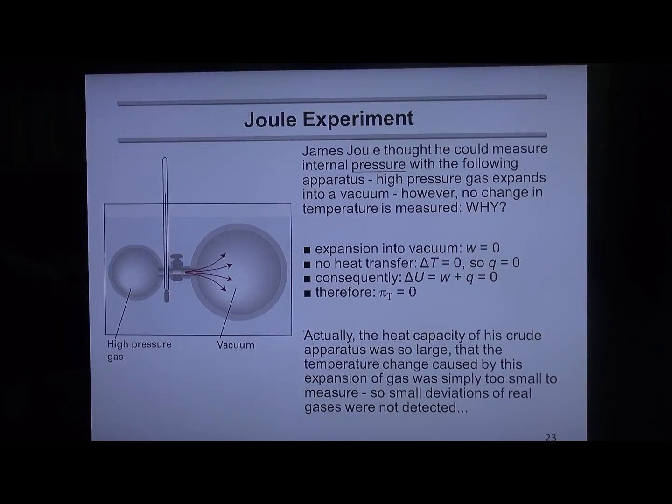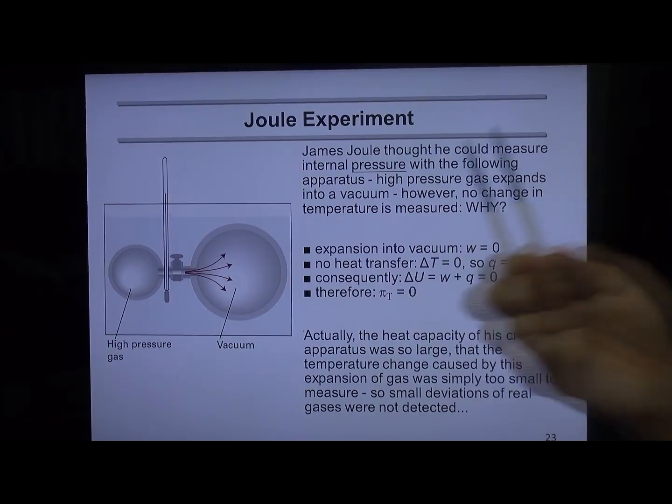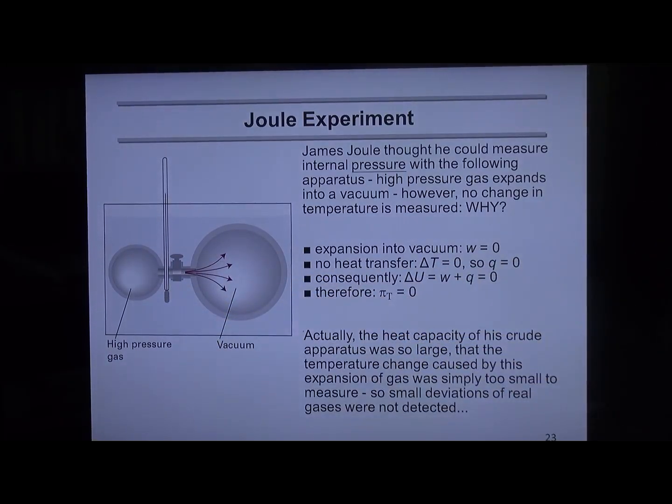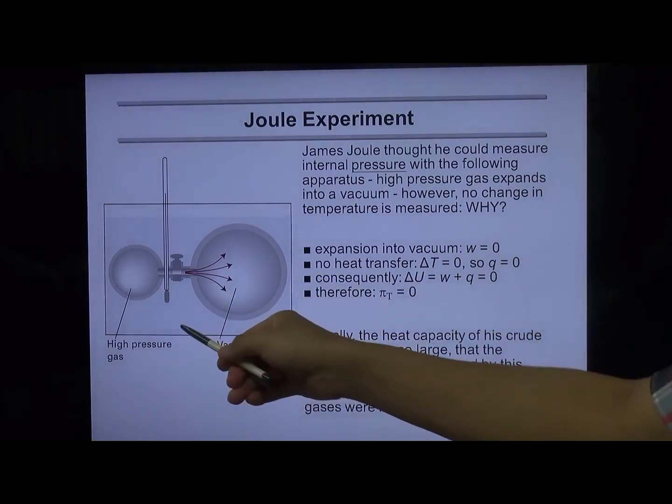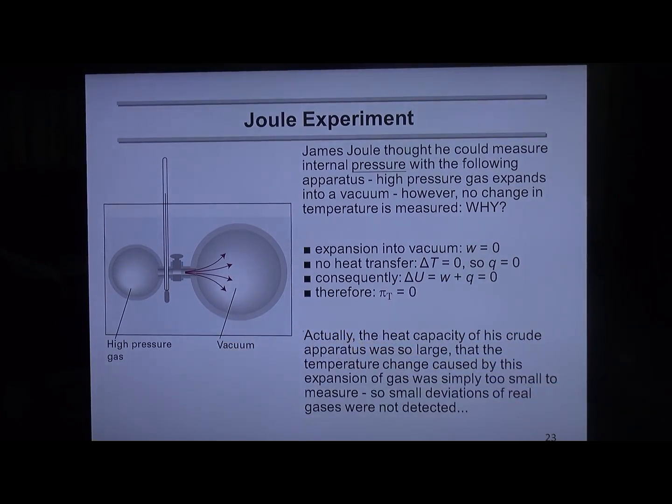So the temperature actually changed by a very small amount, but he could not measure it using the thermometer he used, because he used large capacity water as the liquid. So anyhow, by doing this kind of experiment, we can determine internal pressure. How? Why could this temperature measurement determine internal pressure?